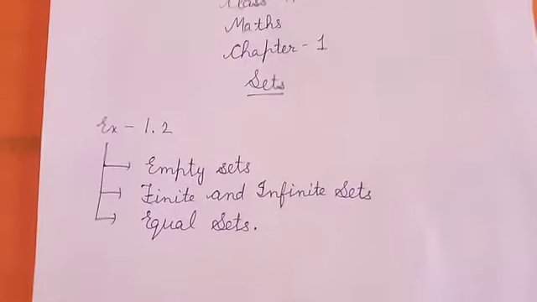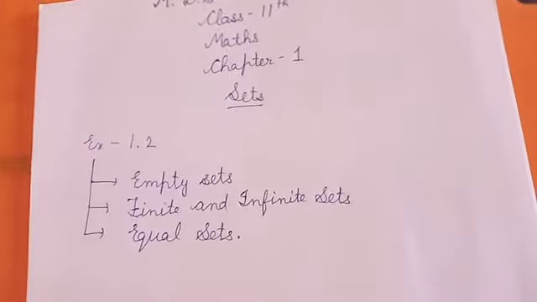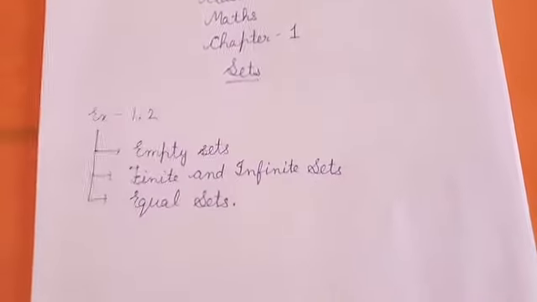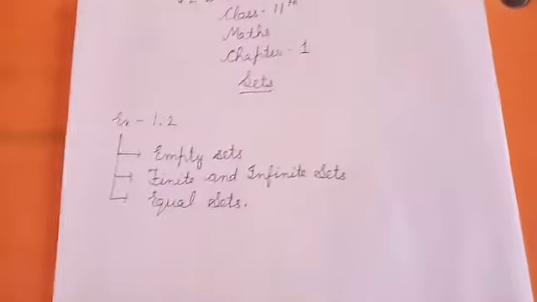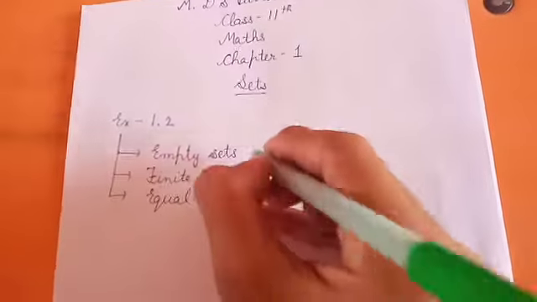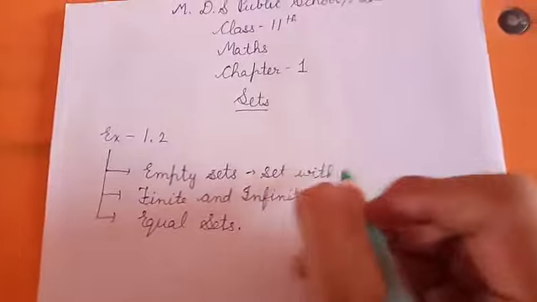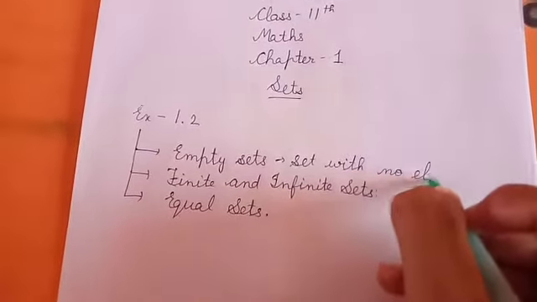So our first is empty set. Empty set means the set which does not contain any element, that is, a set with no element.